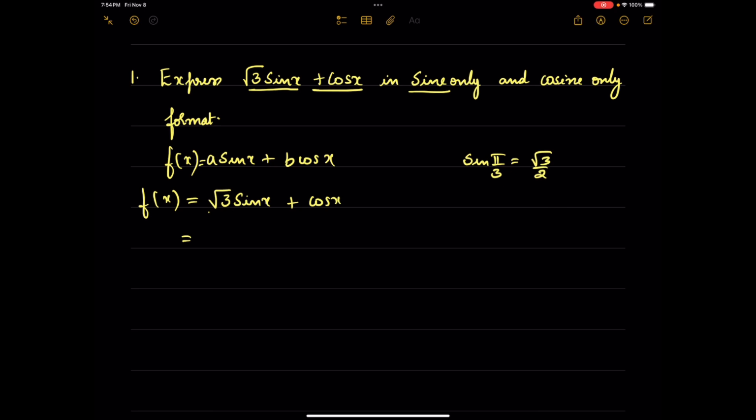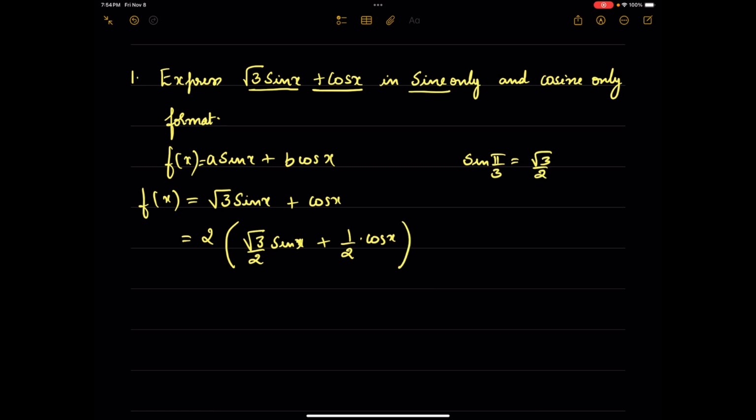So if you multiply and divide this equation with 2, then we can apply the values of trigonometric functions at different angles. So what we'll do is 2 multiplied by square root of 3 by 2 sin x plus 1 by 2 multiplied by cos x.